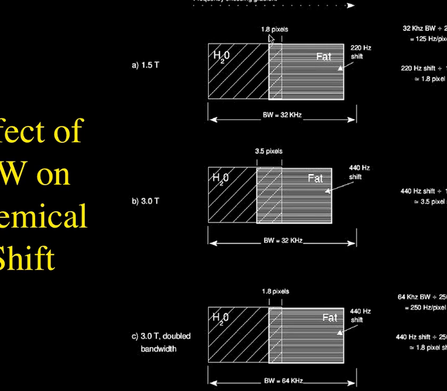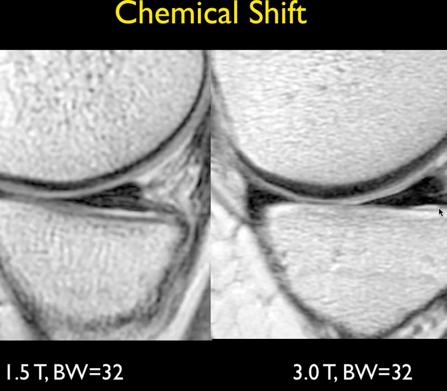Now, if everything else is exactly the same, you have double the chemical shift and the bandwidth per pixel is the same. So instead of 1.8 pixels, now the chemical shift is 3.5 pixels. That's why, if everything is the same and you go from 1.5T to 3T, the chemical shift looks like it's doubled.